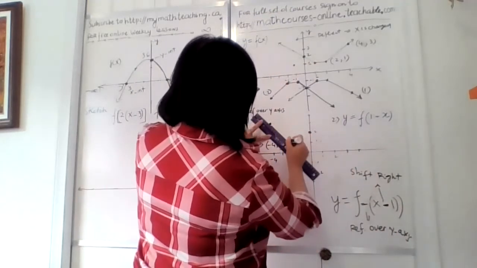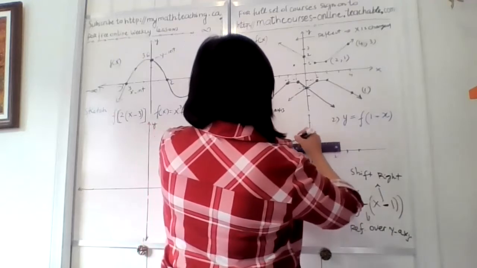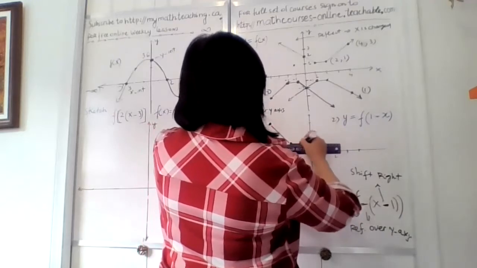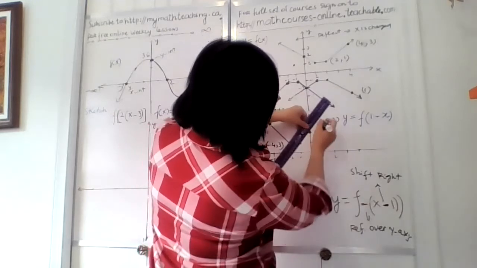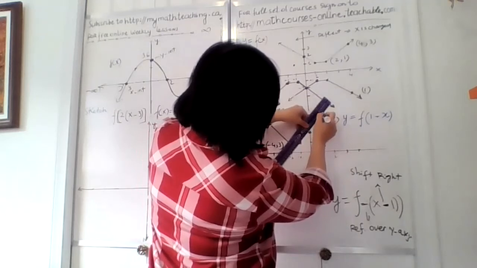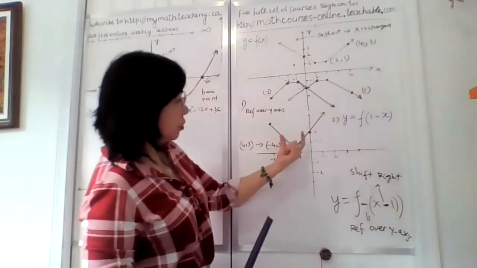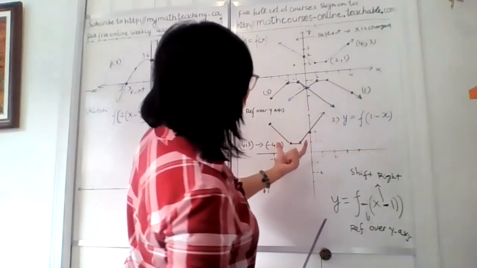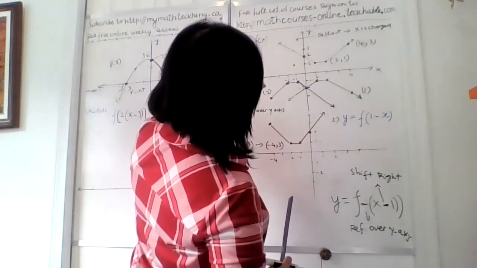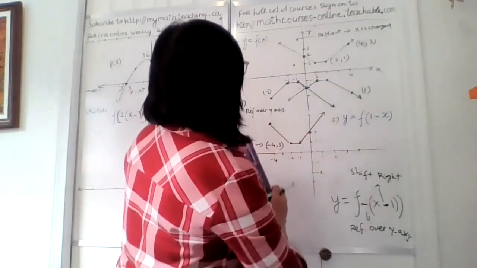So our first transformation looks like this from the original function. So this is the reflection over the y-axis.